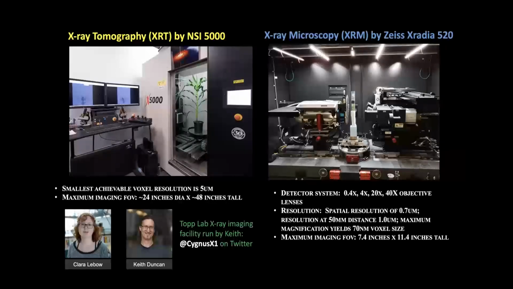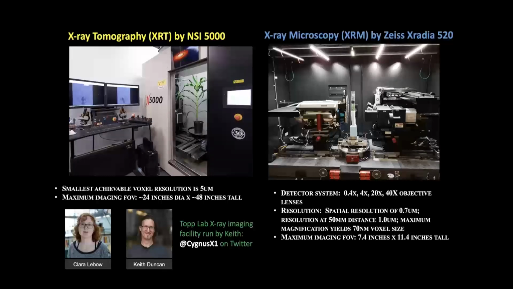So we have a number of tools in the lab, and I'll touch on a few today. One we're pretty well known for is X-ray imaging. We acquired this system on the left, which is an industrial X-ray CT. It's made for aerospace, like factory shop floors, and we got this in 2016. The advantages of it are it's got a really big cabinet, so we can put big things like plants in.